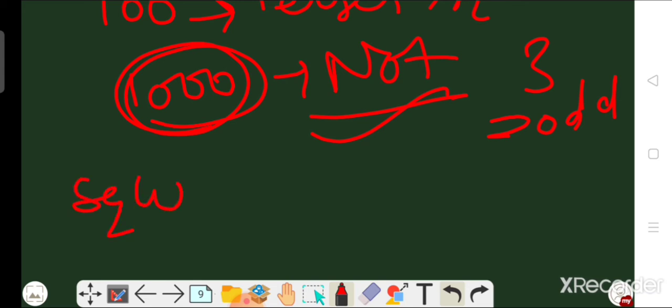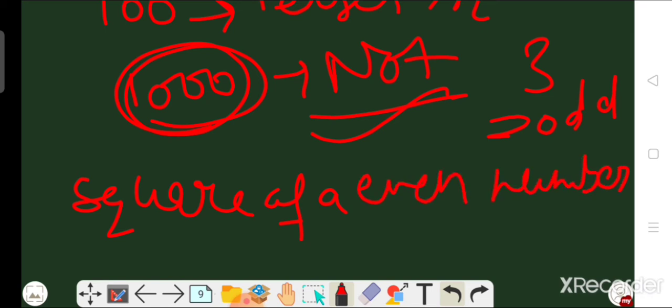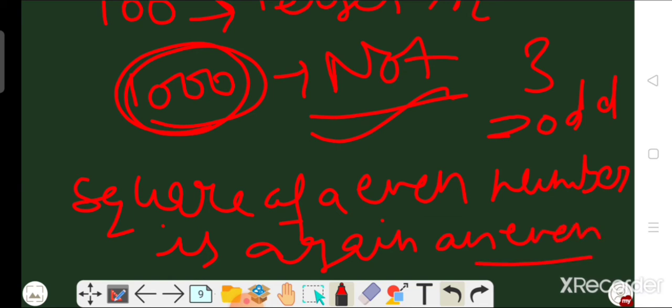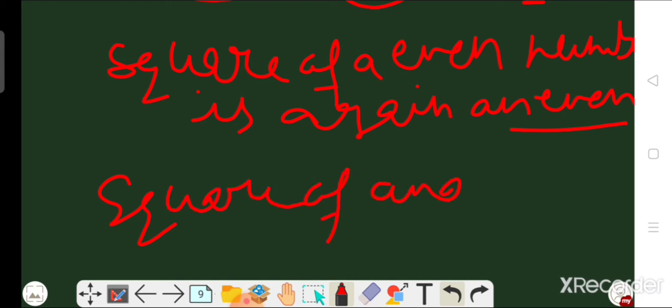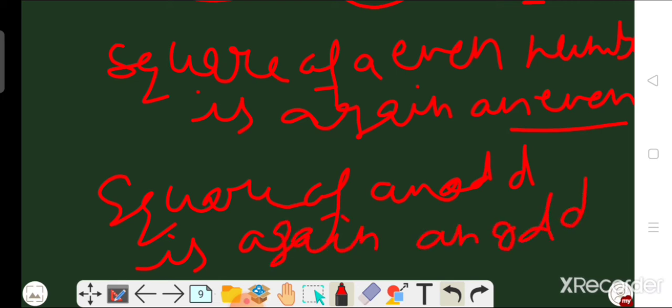Square of an even number is again an even number, and square of an odd number is again an odd number.